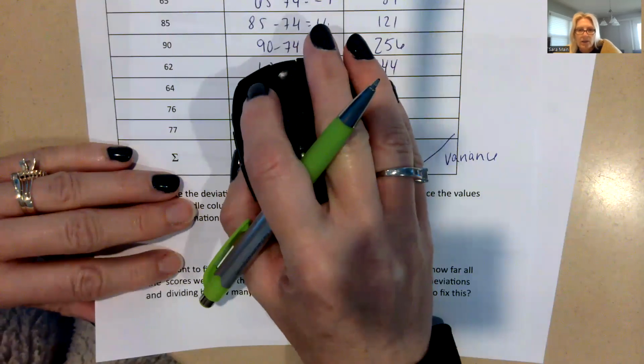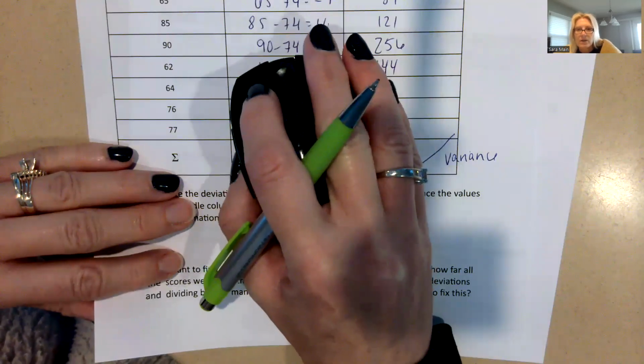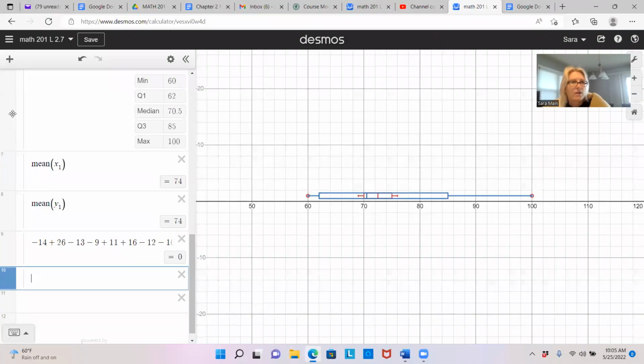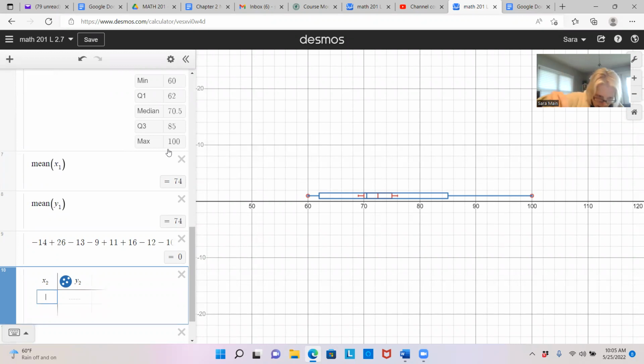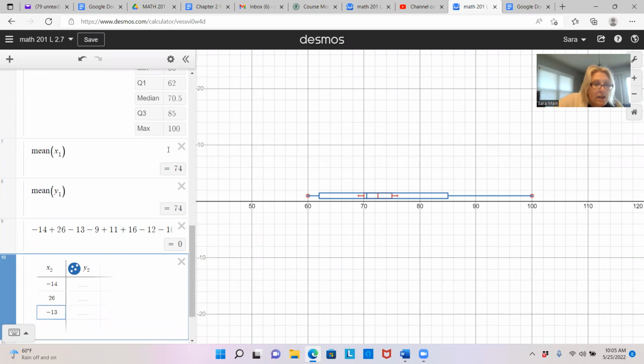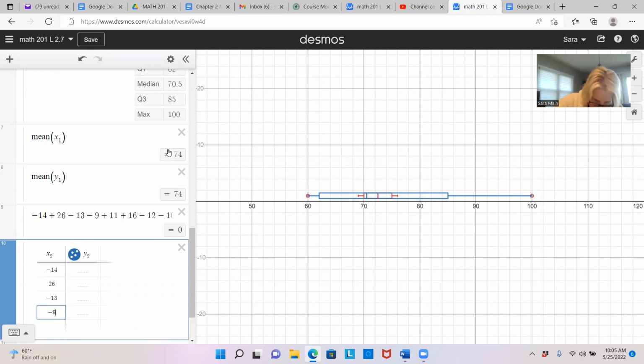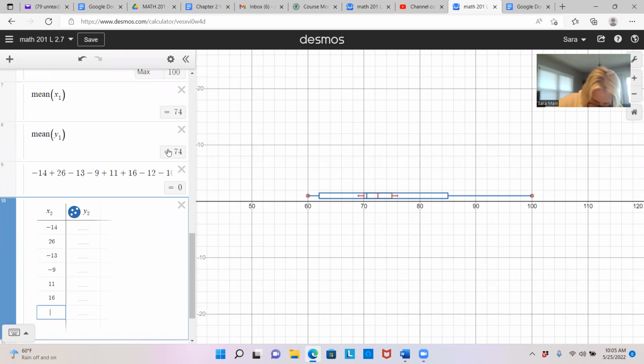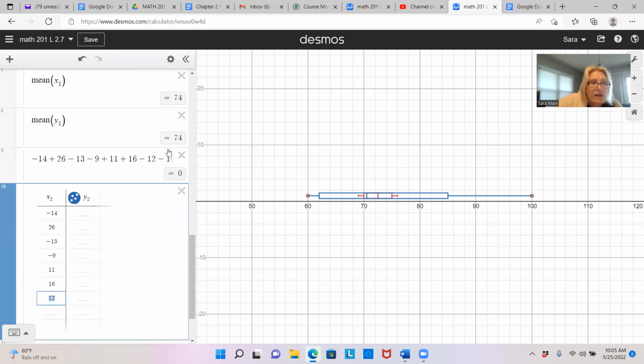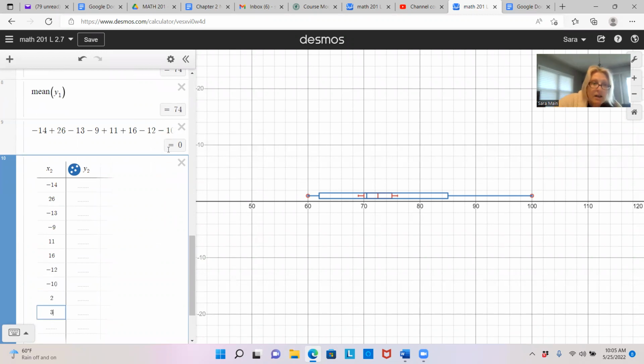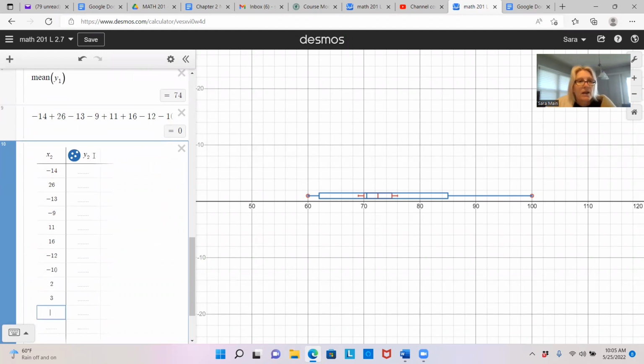So if we were to go into Desmos and put in these individual deviations, and here we're just going to take x2 and square it.